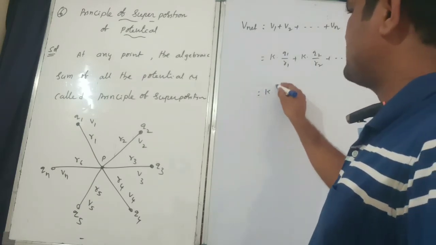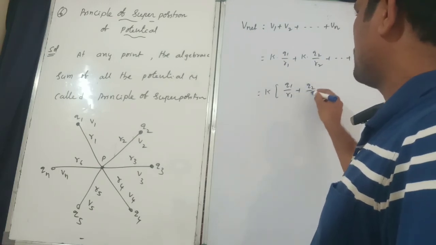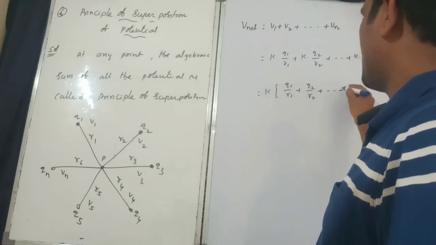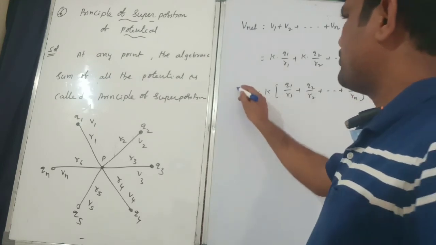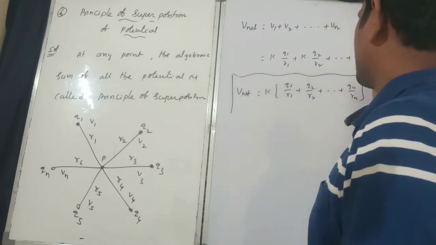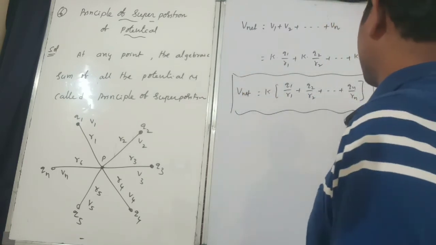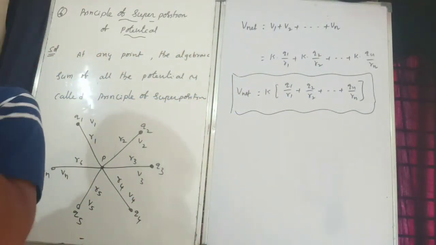So K take common: Q1 by R1 plus Q2 by R2 so on Qn by Rn. So this is the V net at a point P, principle of superposition. Principle of superposition finished.